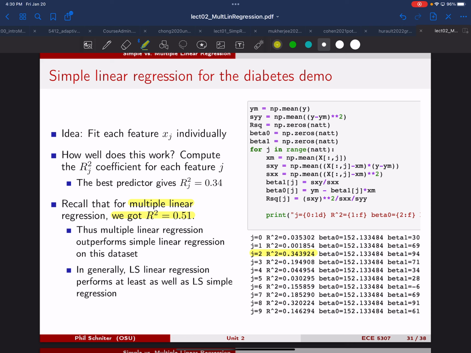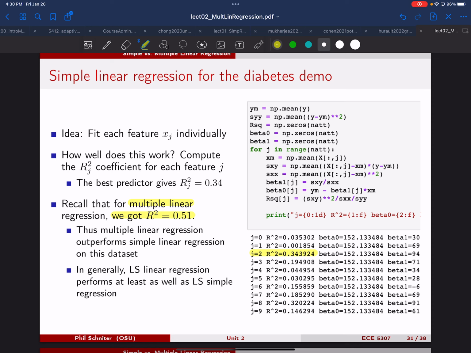If you redid this experiment looking at all possible combinations of features, you would see the same behavior: it's never a bad thing to use all of them, because if there's some feature that is totally useless for prediction, maybe just random noise, the least squares predictor is smart enough to assign a beta hat of 0 to that.